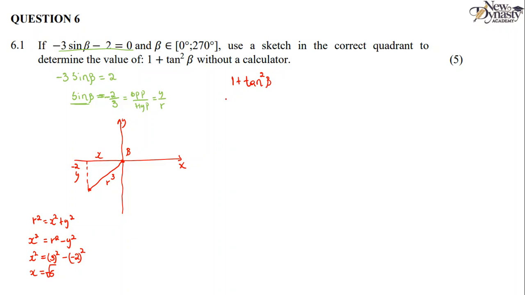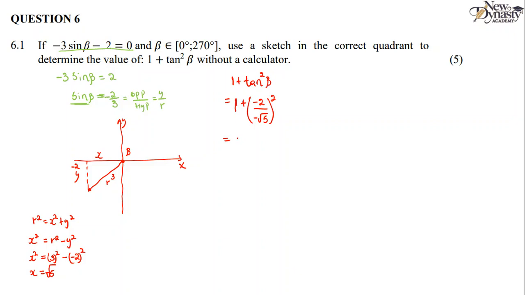So that is equal to 1 plus tan, remember, is the opposite over the adjacent, and the opposite side is negative 2 over the adjacent, in this case negative, and that is our x. Everything else should be in the brackets because you're going to square that.